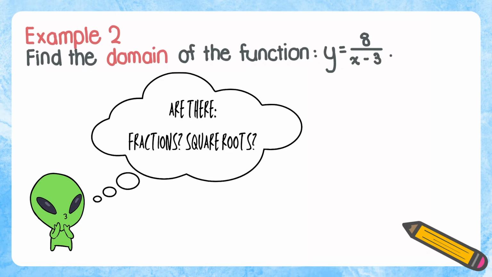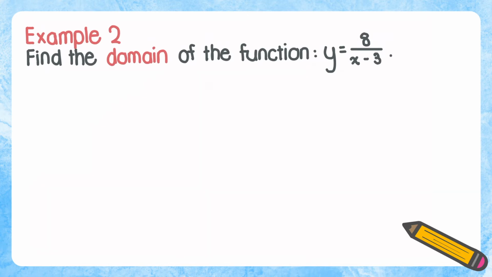So we have to make sure that the denominator does not equal 0. So we have to make sure that this x minus 3 does not equal 0. So let me write it over here. X minus 3 not equal to 0.